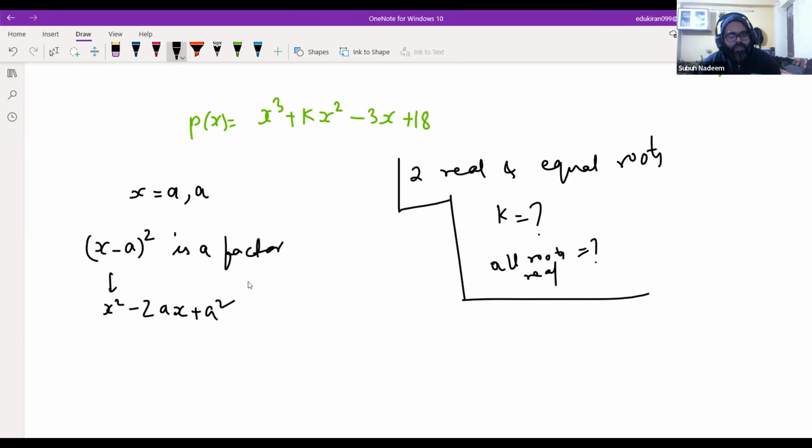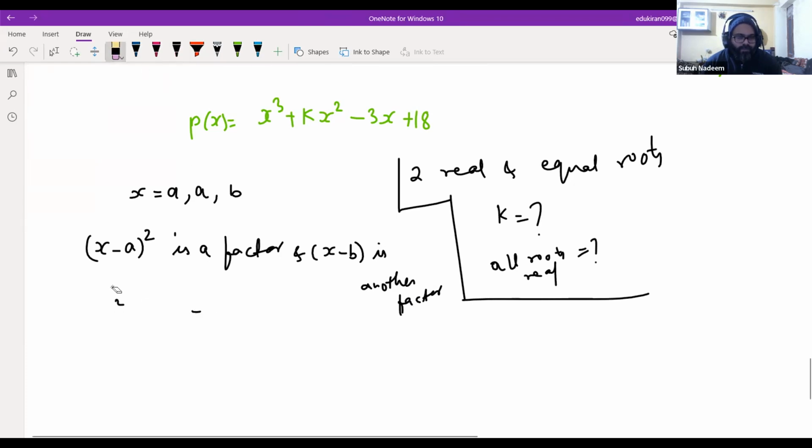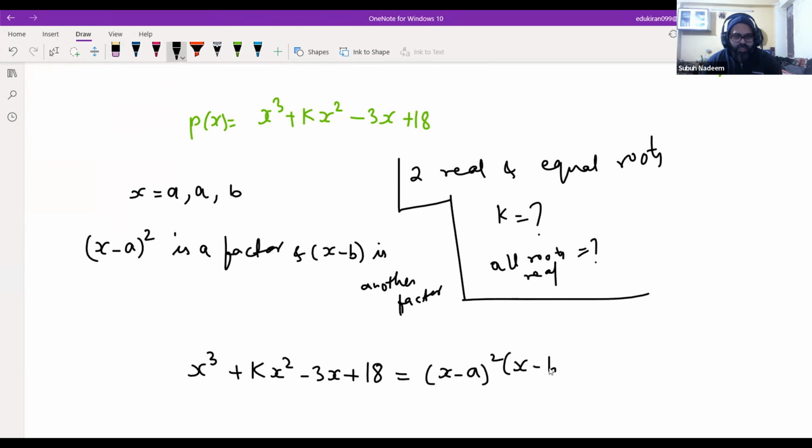Let us suppose another root is b, x minus b. So what happens is that x cube plus kx square minus 3x plus 18 can be written as x minus a whole square into x minus b.